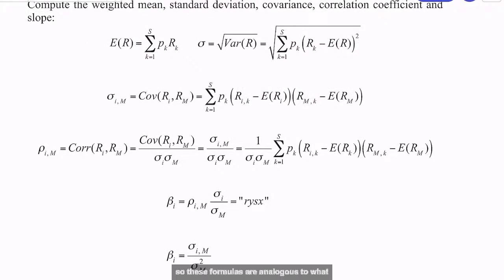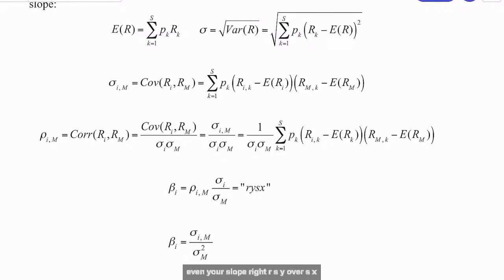So these formulas are analogous to what you've seen before, just for financial data. Even your slope, R, SY over SX, it's just more specific that it's between the individual stock returns and the market, M for market. But that's just like Y and X.